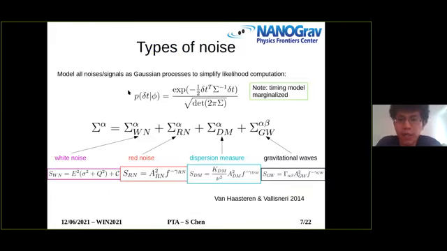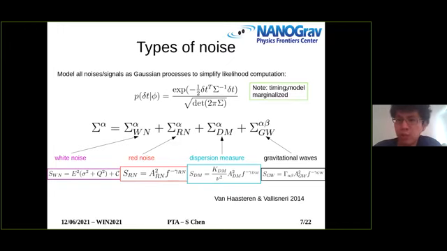I have this one slide to bridge into the data analysis and the schematic description of PTAs. In simple terms, we model all of those signals as a Gaussian process. I have this green box here, which says the timing model is marginalized.